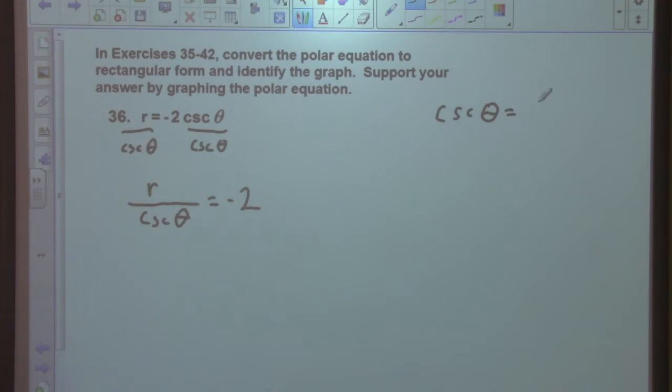It's the reciprocal of sine theta, right? So if we replace this with 1 over sine theta, we get r sine theta equals -2. And then what can we replace r sine theta with? y, so we get y equals -2.